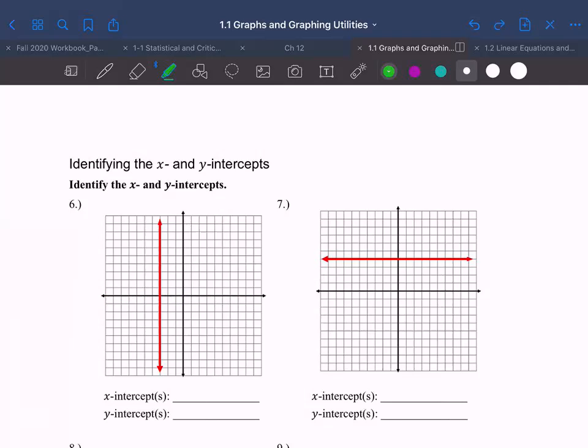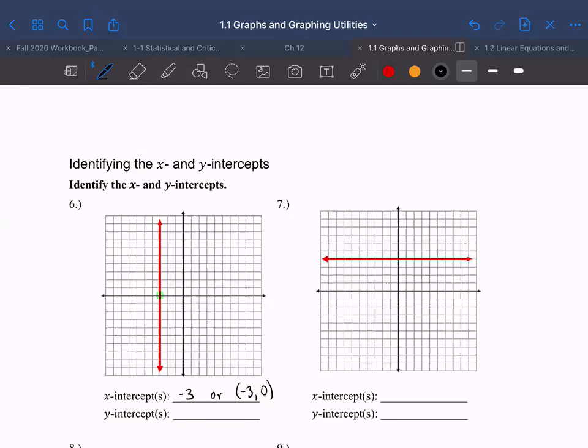When we look at this one, we see that it has one spot that it crosses it, right there, since it's a vertical line. And therefore, the x-intercept you could write as just the place where it crosses, which is at -3. Or, and you should especially be able to recognize this, you might write it as -3, 0. You need to be able to recognize both of those as answers.